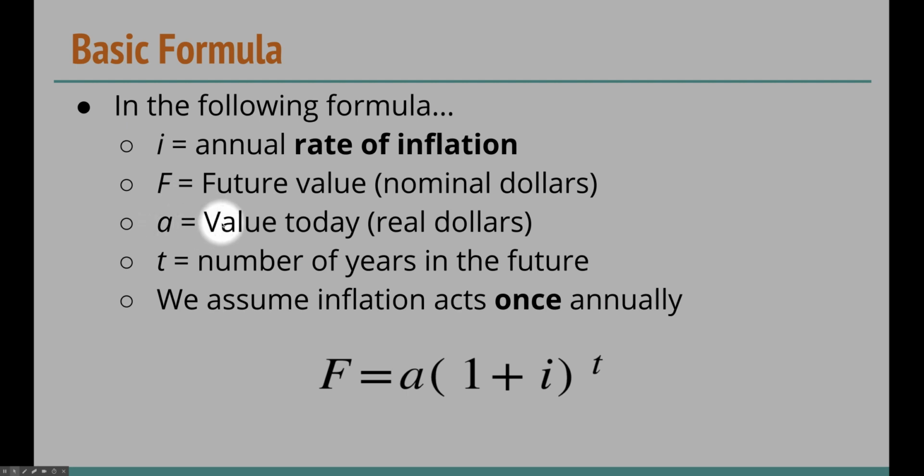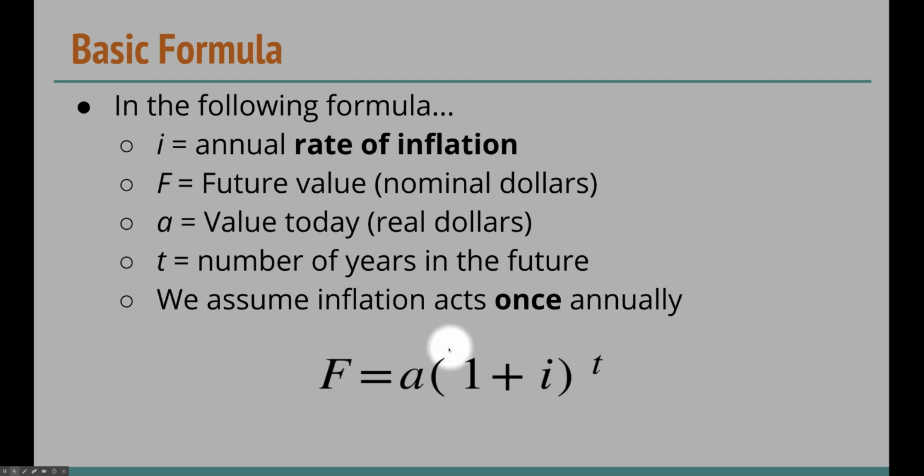Little a is the value today. Those are the real dollars. T is the number of years in the future. So that's the number of years that inflation is acting on our money. And when we use all of these variables, we also are going to assume that inflation acts once annually. So that's sort of like saying that inflation compounds once per year.